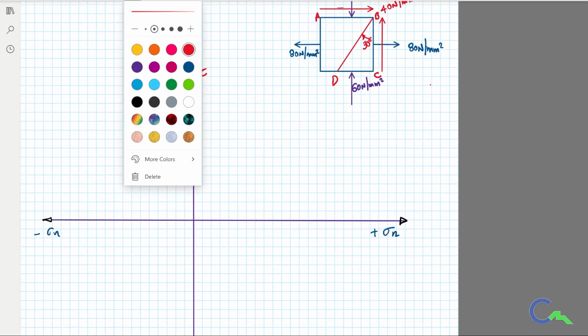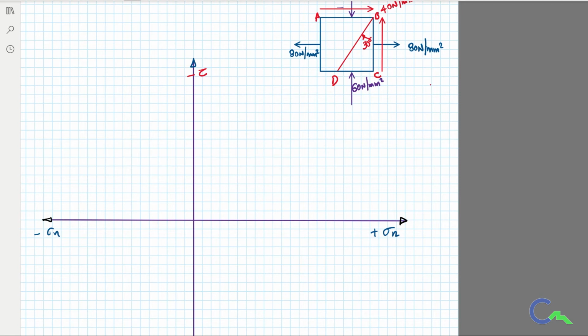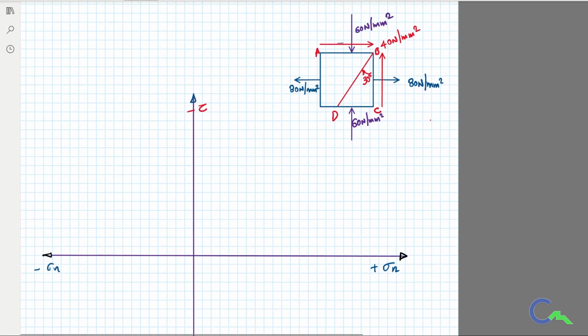To draw the Mohr circle, we need two coordinates. If you see here along plane AB, to draw that, first the x value, that is normal stress. Along plane AB we have normal stress, that is 60 Newton per millimeter square, that is compressive. So I am going to take minus 60, that is the sigma n value.